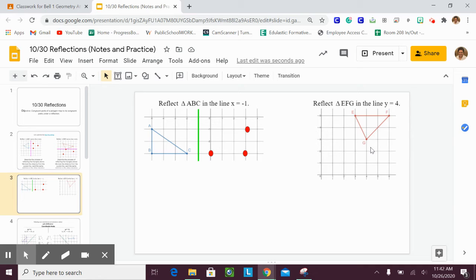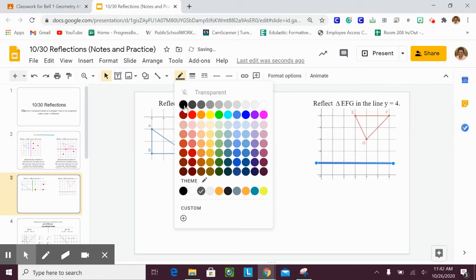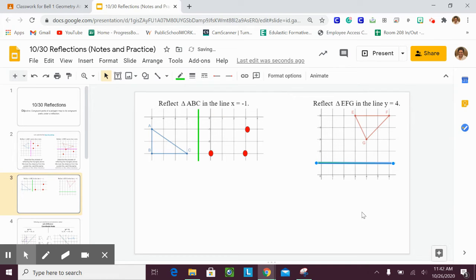Okay, next is reflecting triangle EFG in the line y equals 4. So first I want you to draw where the line y equals 4 is. Hopefully, we are moving it up to here.